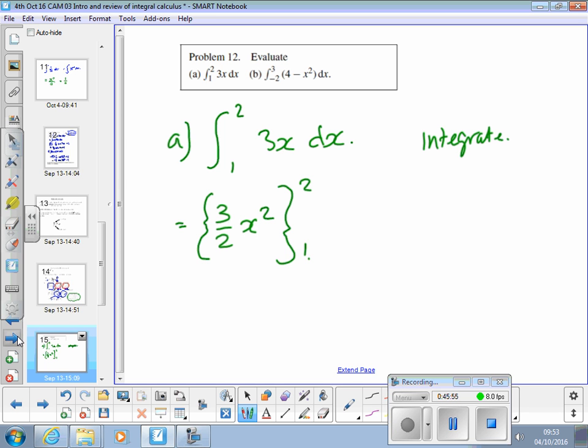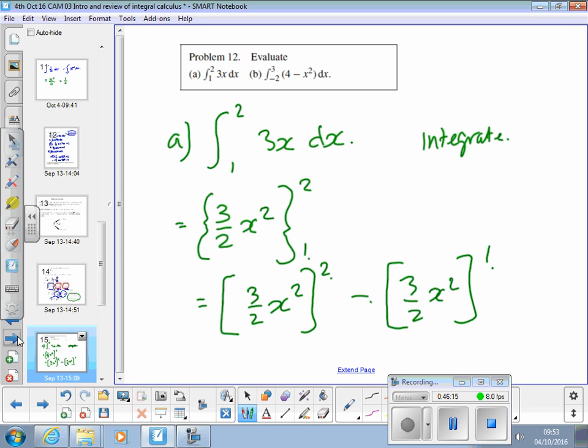And then we write that that equals, I'm going to use square brackets, it's easier, 3 over 2 x squared, where the limit is 2, minus 3 over 2 x squared, where x is 1.